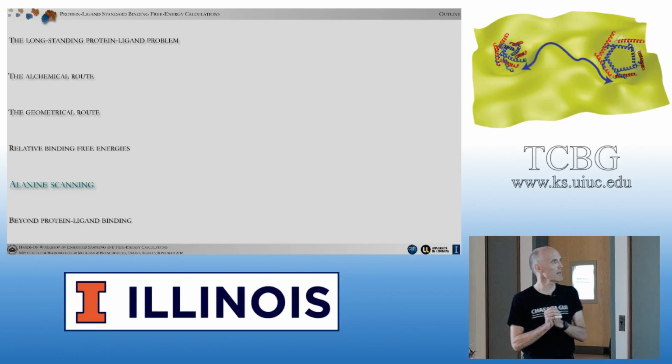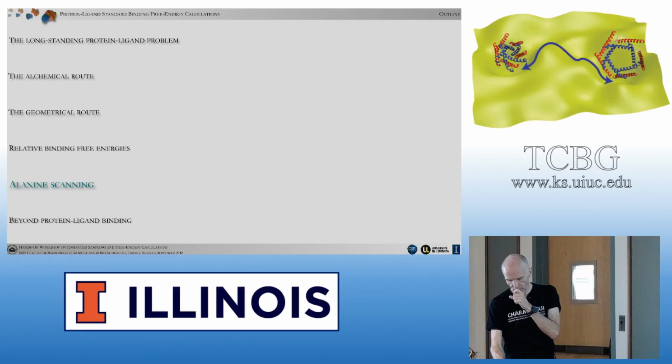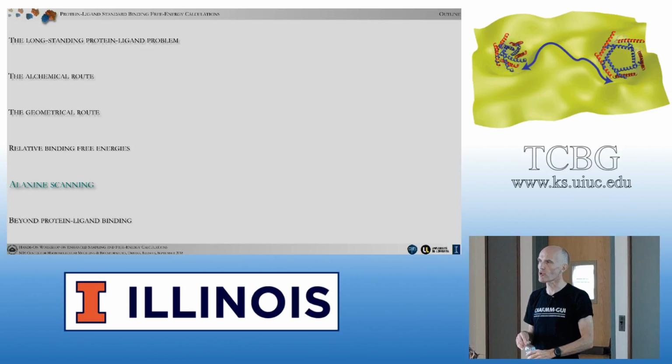Okay, so alanine scanning. Alanine scanning is something that actually was born in one of these workshops, and we have a plugin available in VMD. It was born in one of these workshops, actually in Atlanta in 2014. We have more and more people from the experimental world attending this workshop.